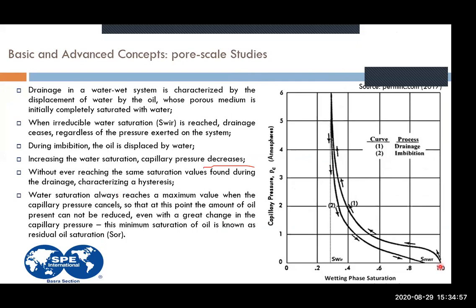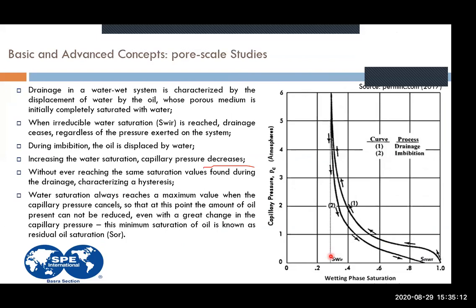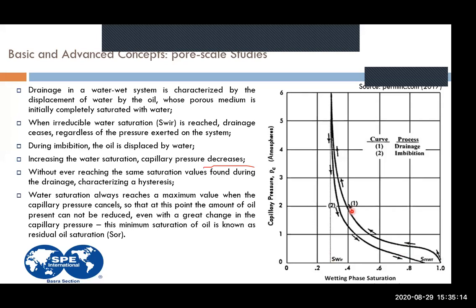That's right. In this case, let's say you have your system completely filled with the wetting phase. So we have to reach what we call the irreducible saturation. That's why we perform this experiment here. You can perform this experiment in a numerical way as well, because you have to reach this value.